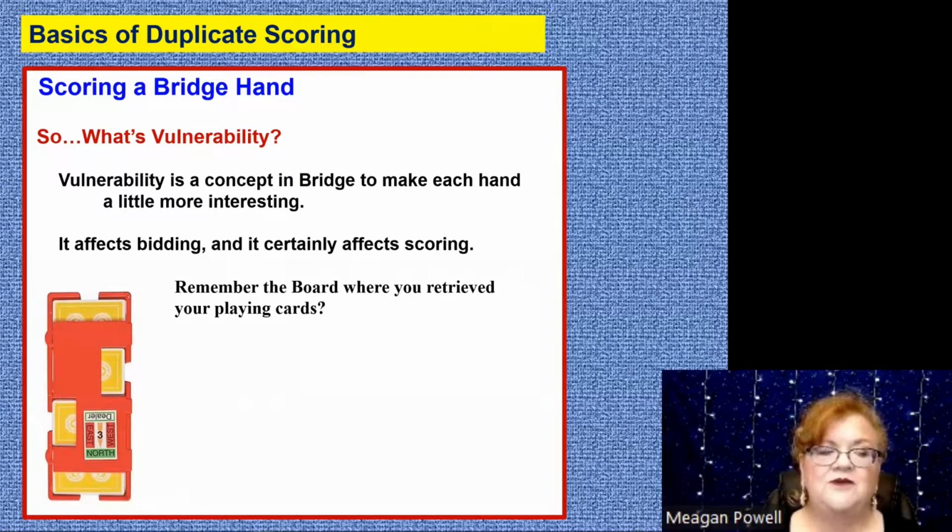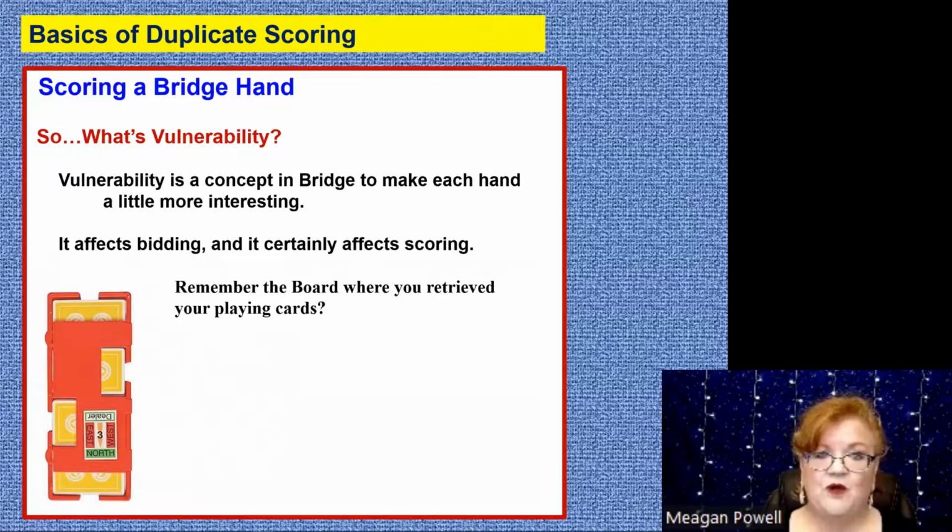Vulnerability is a concept in bridge that makes each hand just a little bit more interesting. It will affect your bidding at times. You will make decisions based on whether you're vulnerable or not at times. It also affects scoring at the end of the hand. Vulnerability matters when it comes to scoring a lot of the time.